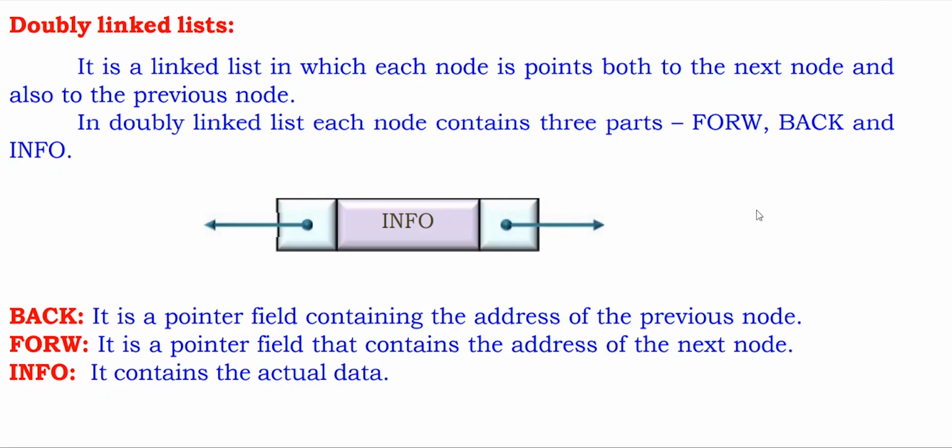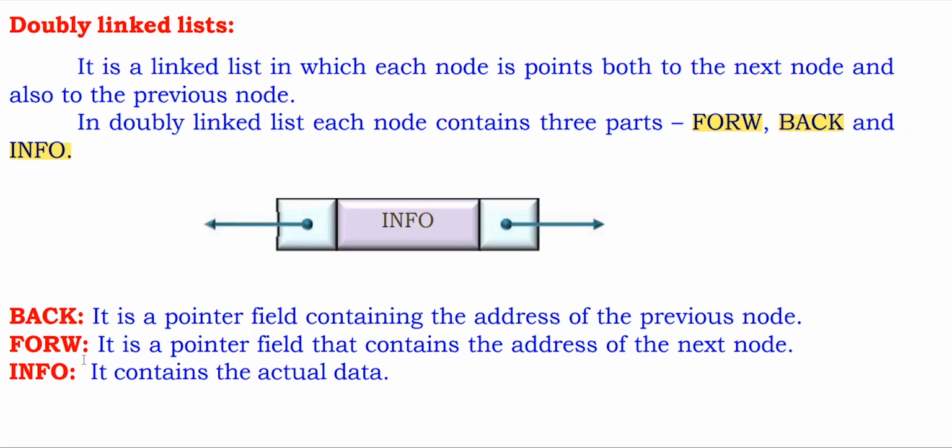In a doubly linked list, it has three parts, as we already said. We have forward, the next node address, back, the previous node address, and info, the data field. So it's nothing but a node with three fields. One is backward, here taken as previous, you can use any name. It is a pointer which contains the address of the previous node.